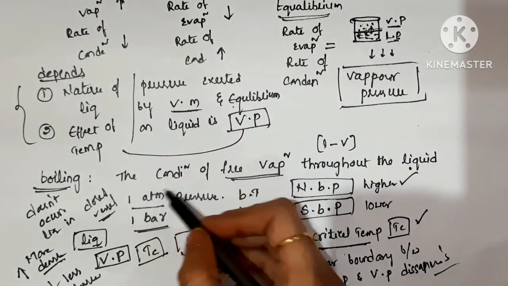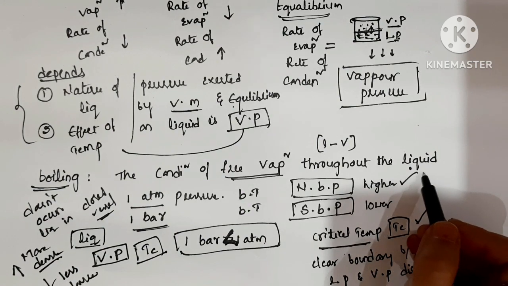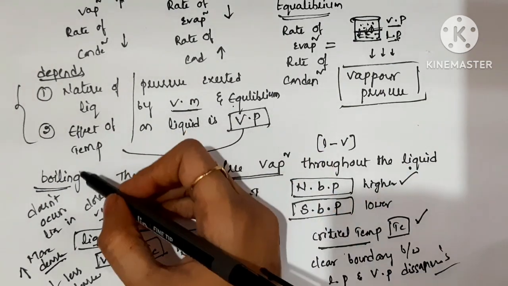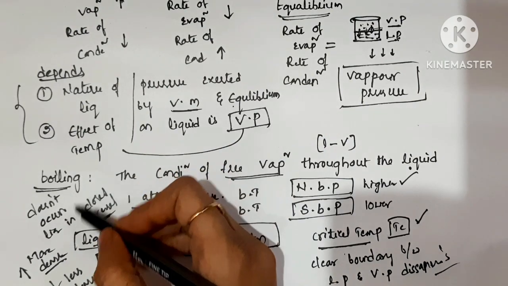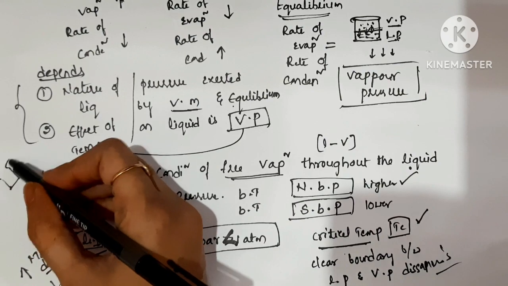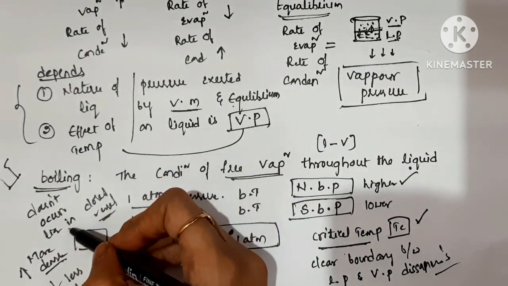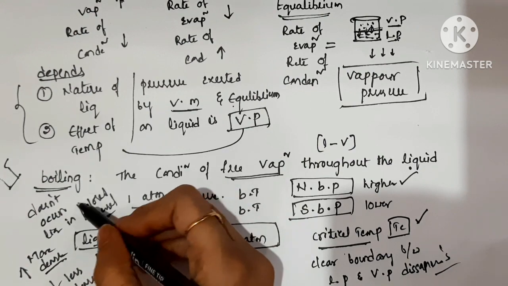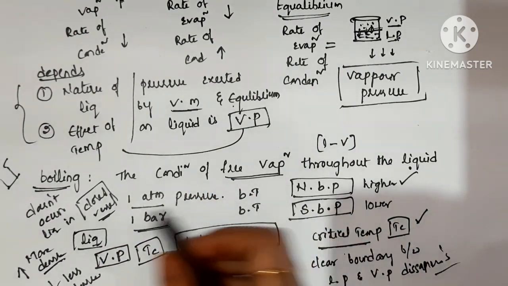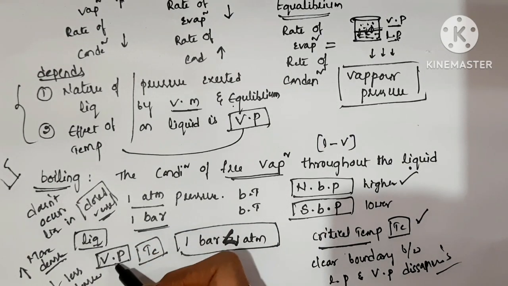And boiling is the condition of free evaporation throughout the liquid. Free vaporization throughout the liquid. But boiling occurs only when the vessel is open. Boiling does not occur in liquids in a closed vessel, right? So generally liquids are more dense, with more weight than the vapor.